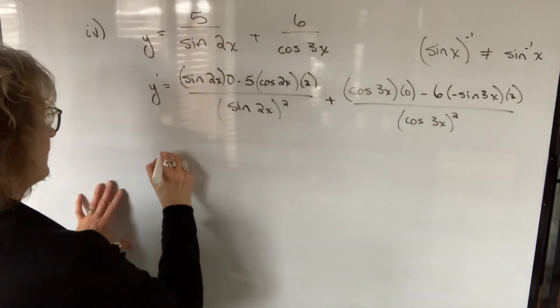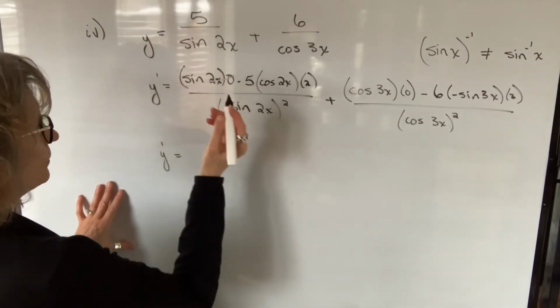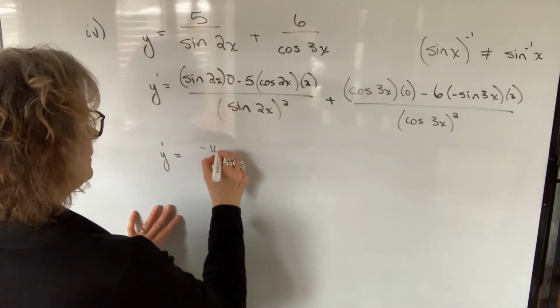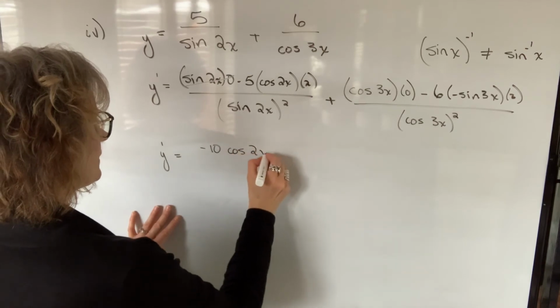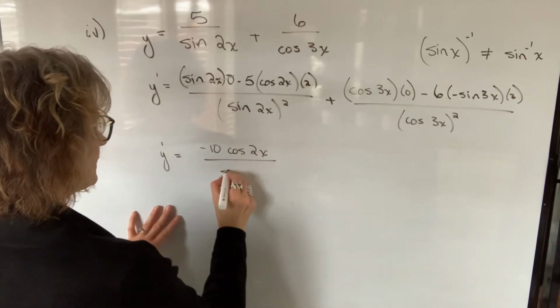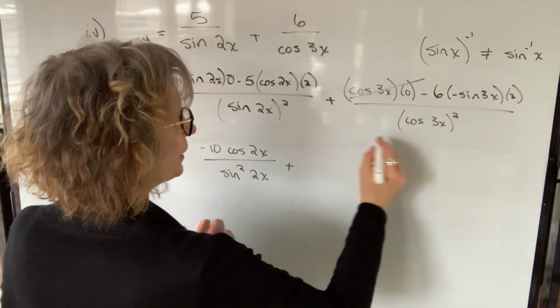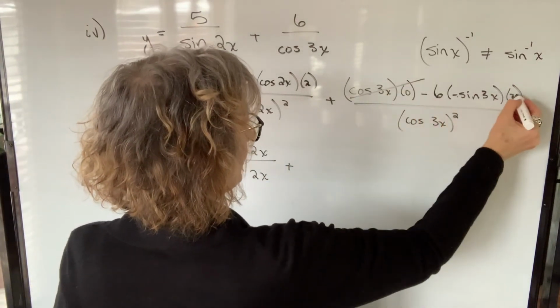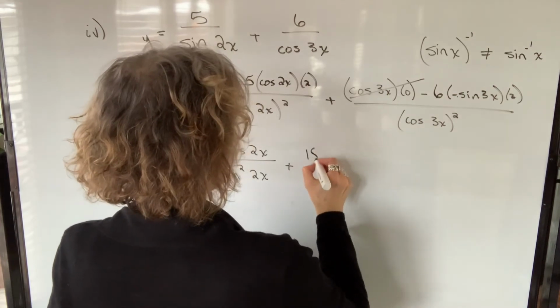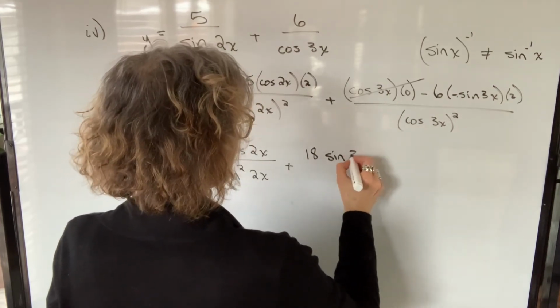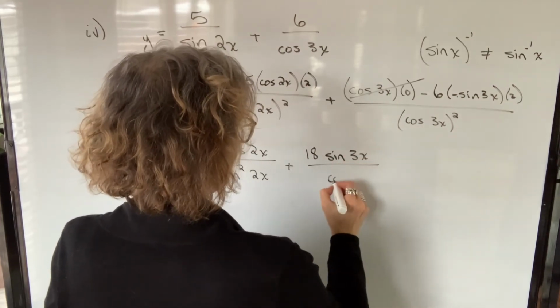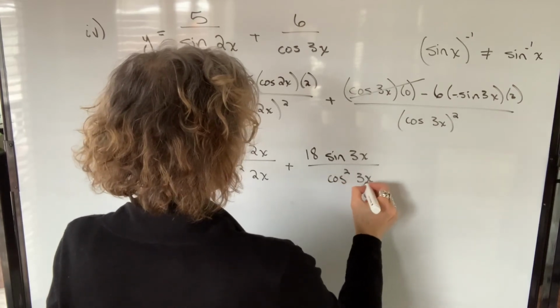Now we simplify this. Okay, that's a 0. We're going to have negative 10 cos of 2x over sine squared of 2x, plus 0 there, negative times a negative, and 3 times 6 is positive 18, sine of 3x divided by cos squared of 3x.